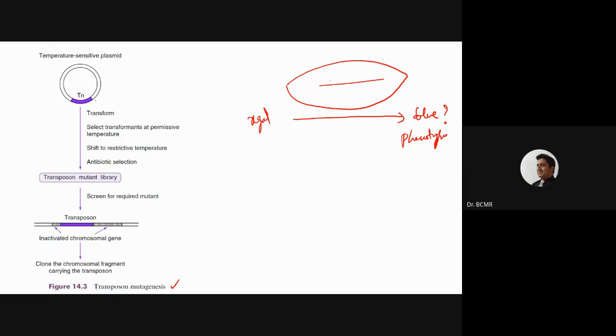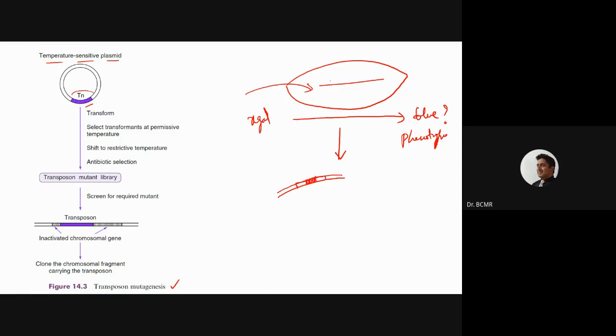You know about transposons, Tn, and here you put a transposon on a temperature sensitive plasmid, and I infect this cell with such a transposon. So what will the transposon do? It can transpose from the plasmid to some part in the genome.